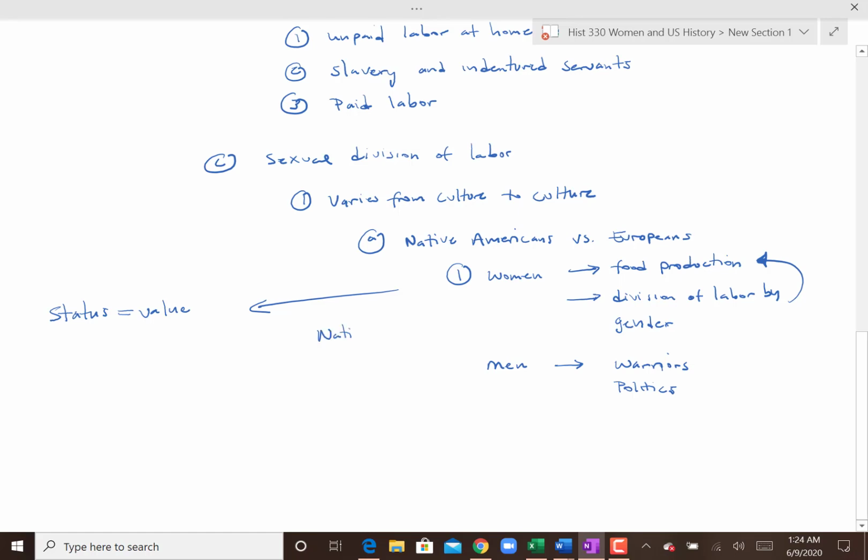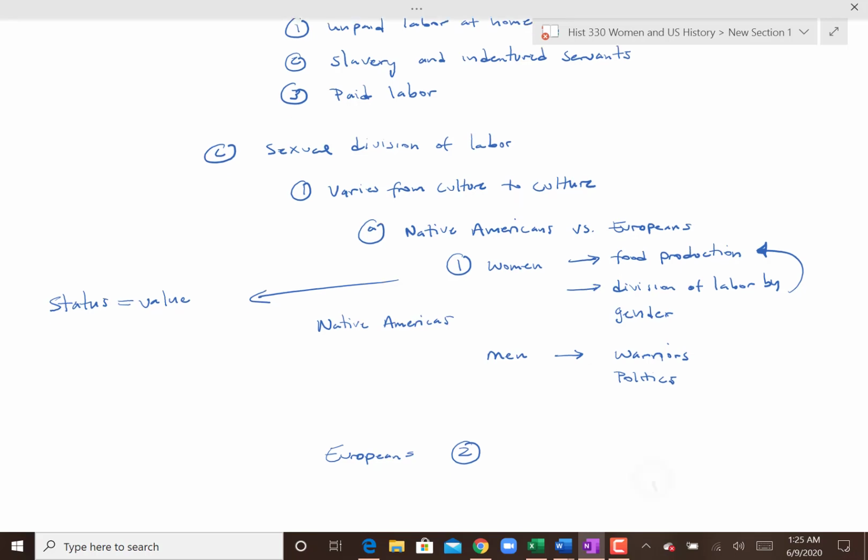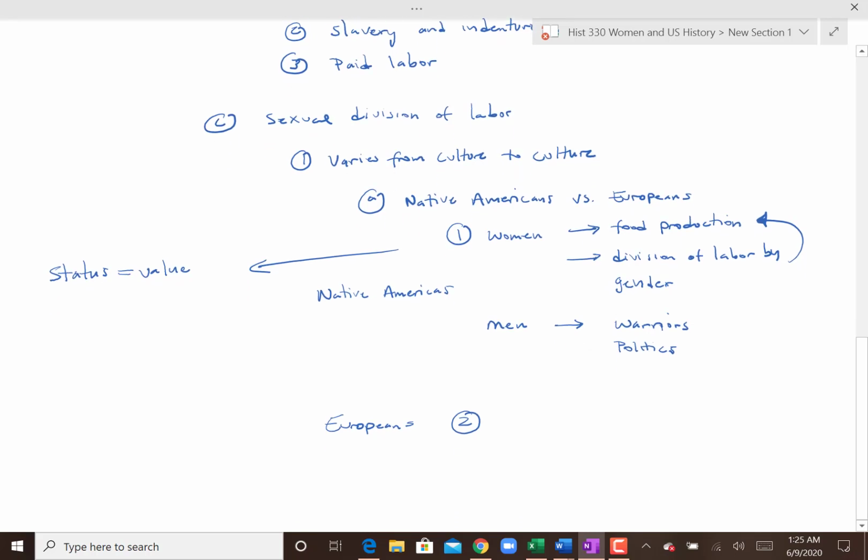For Europeans, it was different, right? So the sexual division of labor, and this we'll see in our next lecture, the sexual division of labor, or the labor by gender, is super important, because it defines a lot of rights, freedoms, opportunities, experiences in life, and in that society that you have. So it's not just like, oh, okay, that's nice to know.